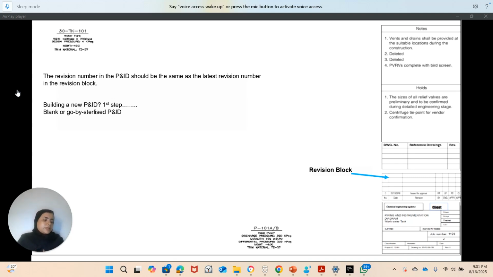So this is why it is a go-by sterilized P&ID. So you're not starting from scratch. You already know that this project is very similar to this project, and you keep changing the tags, the equipment tag and the instrumentation tag, to fit your new project.